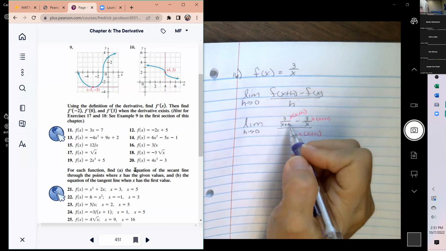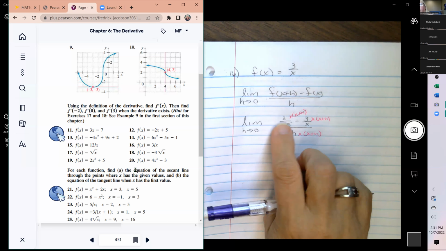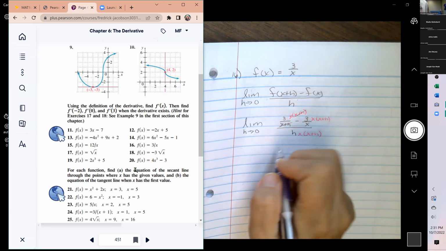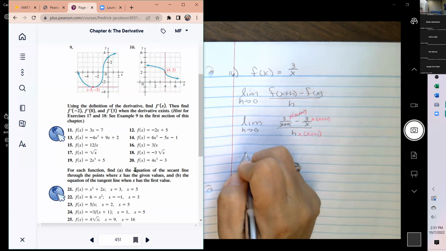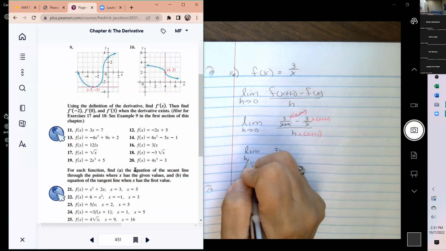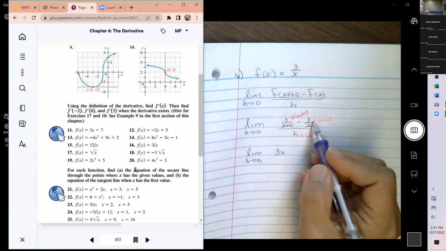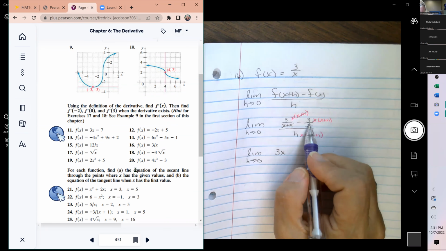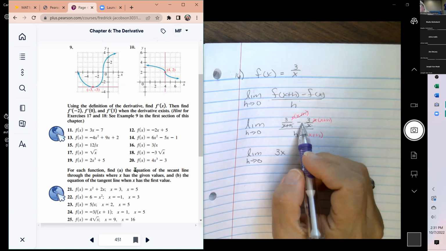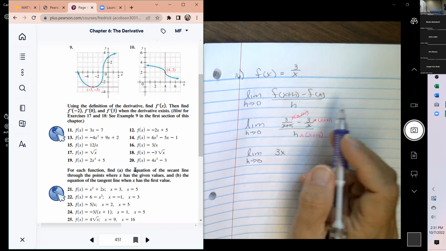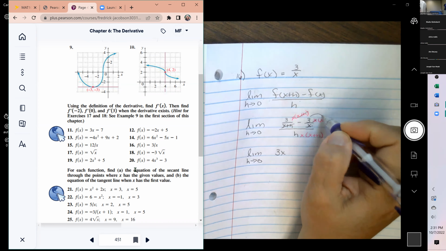Notice the x plus h's cancel here and just leave 3x. This one, the x cancels, and then we have a -3. If there's a negative here, don't lose it. Make sure you distribute with it.